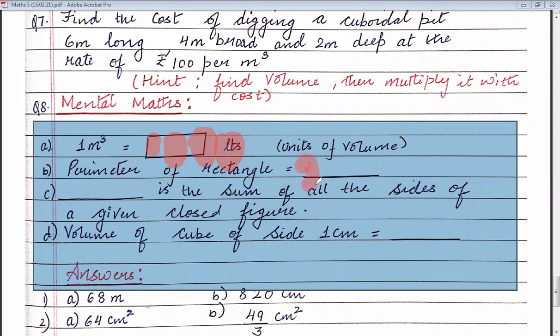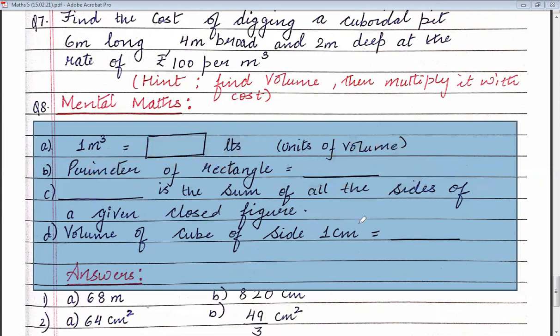Second part, perimeter of a rectangle is twice length plus breadth. We have already discussed this. Now, next, dash is the sum of all the sides of a given closed figure. That will be perimeter. Perimeter is the sum of all the sides of the given closed figure.